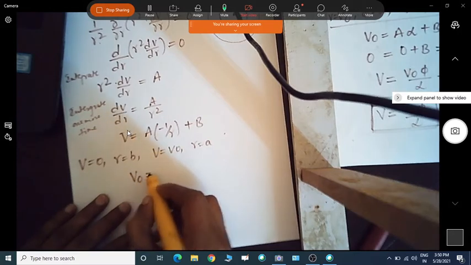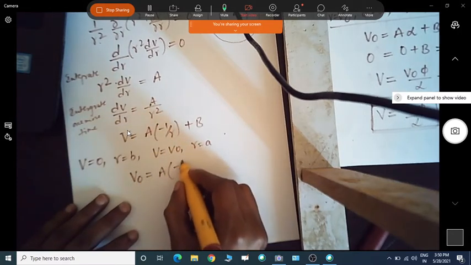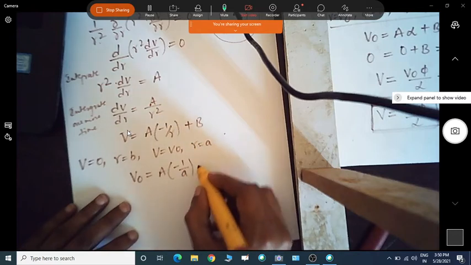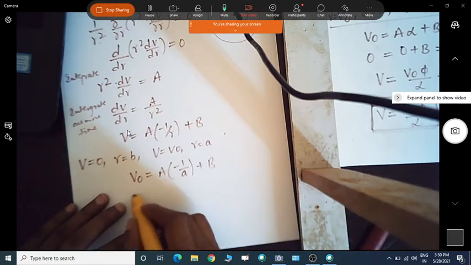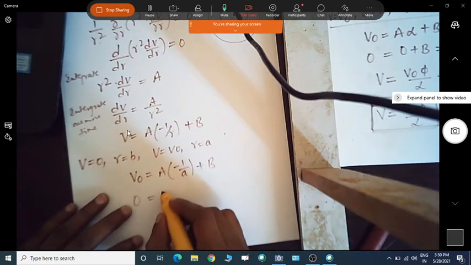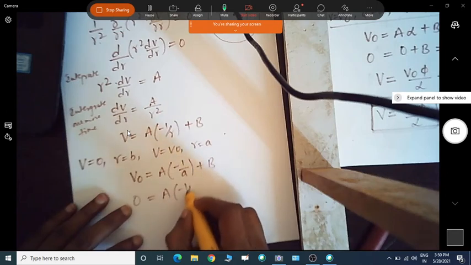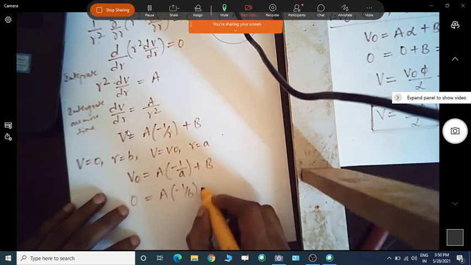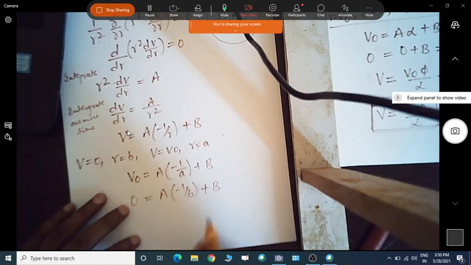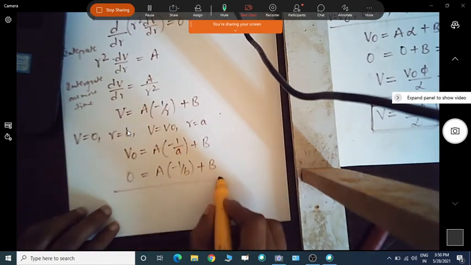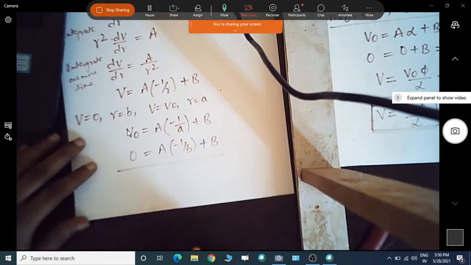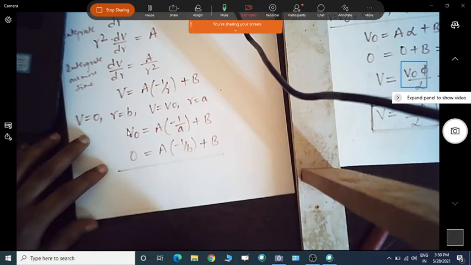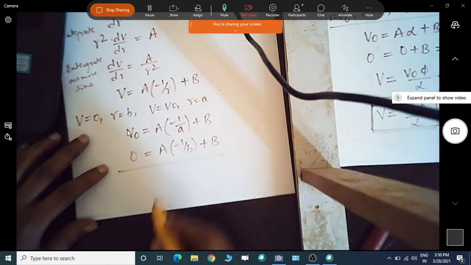Now if I substitute that, whenever V equals V naught, r is a, so we get a into minus 1 over a plus b, and if it is 0, then we get a into minus 1 over b plus b. Now if I solve these two equations, we get the constants a and b.